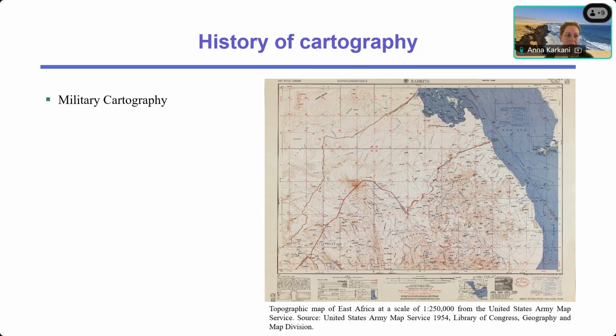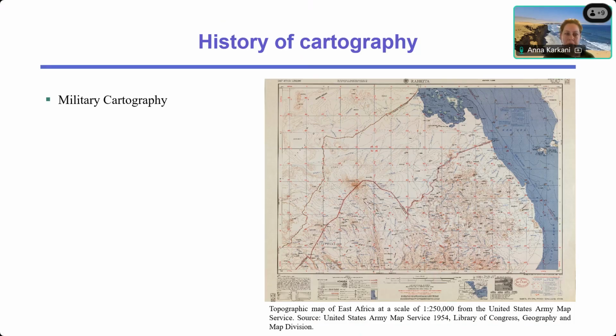So in our case, for instance, the Hellenic Military Geographical Service is the official mapping agency in Greece. And if we want to obtain some topographical maps, we usually have to go and ask them. So military cartography contributed to having more detailed topographic maps.